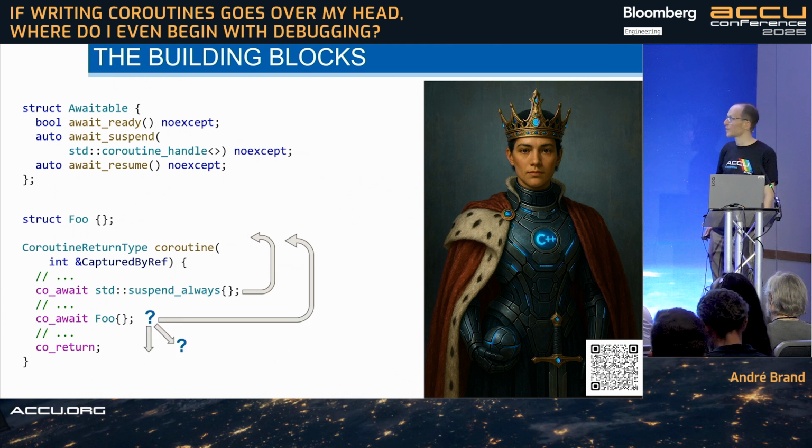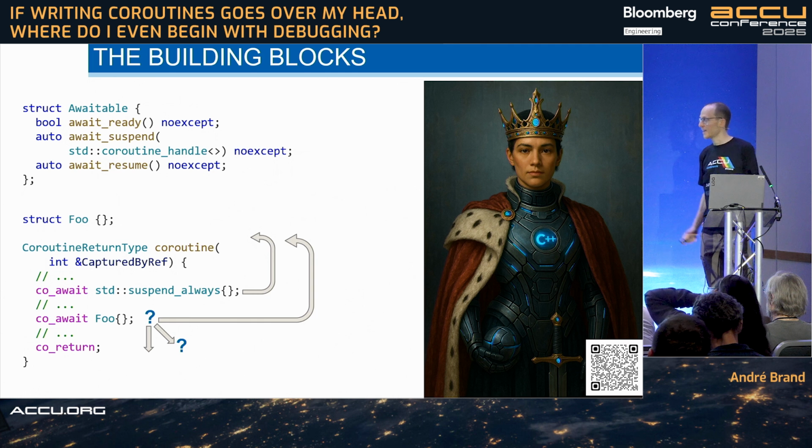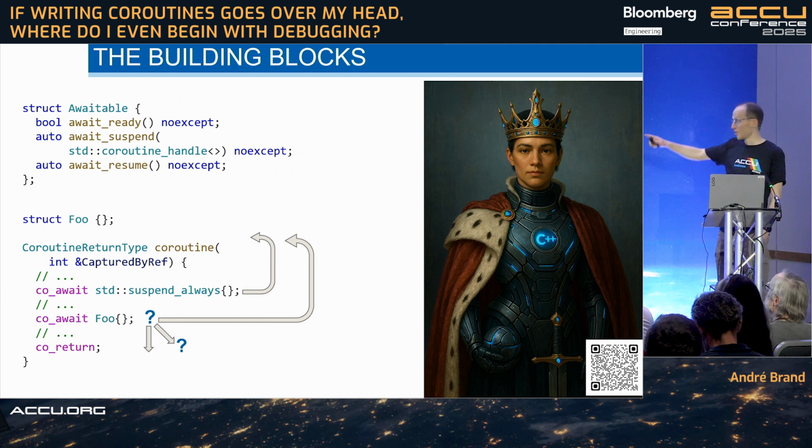And when we co_await on foo or any other struct, we don't know what's going to happen next. In the standard task example, for instance, we pass control over to the scheduler and don't know which coroutine task is executed next. So it's completely up to the scheduler.